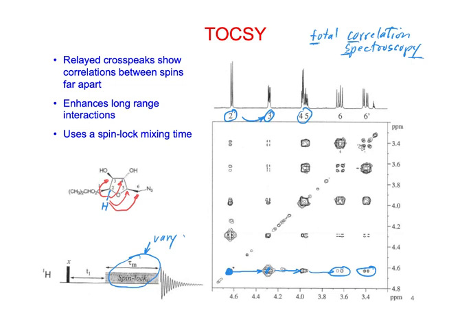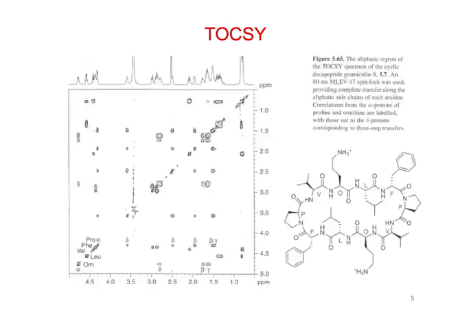So where this really works well is where we have multiple different proton spin systems. For example, we won't work through all of this, but in this case, we have this cyclic peptide.